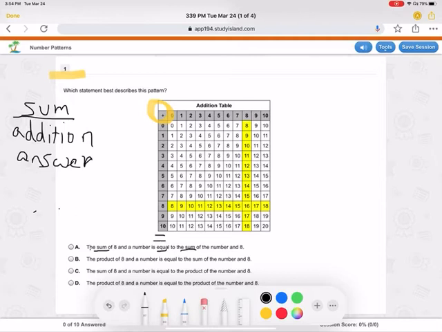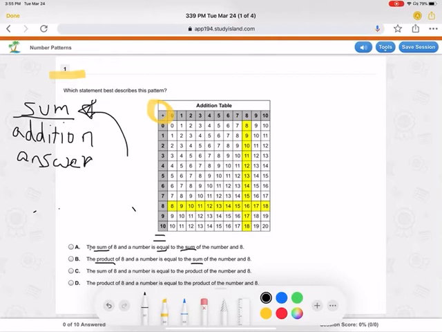Equal. Okay. Now, one more thing to look at is we'll go through a couple more choices and make sure we understand them. Underneath we have the word product. Product of 8 and a number is equal to the sum of the number and 8. Now we have two different words there. We know sum, of course, is talking about addition. Okay?